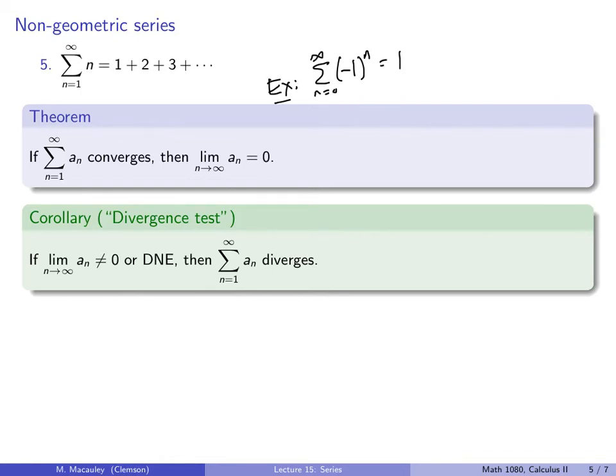What if I have this series 1 minus 1 plus 1 minus 1? Some people may think it converges depending on how they group it. For example, let me group things this way. And you can say, well, this is clearly 0 plus 0 plus 0 plus etc. And so this thing equals 0.